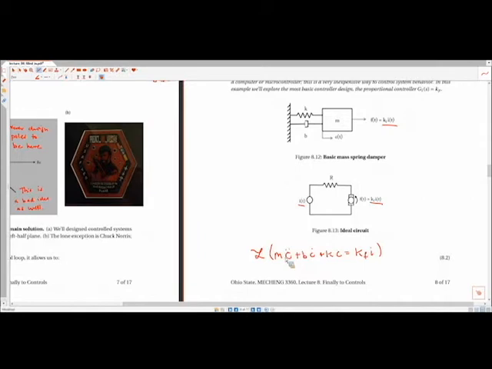Right? So it's going to have some transient associated with it, that's for sure. Since you're so interested, there are other constructs that handle initial conditions better than transfer functions. That's more in the graduate level classes.